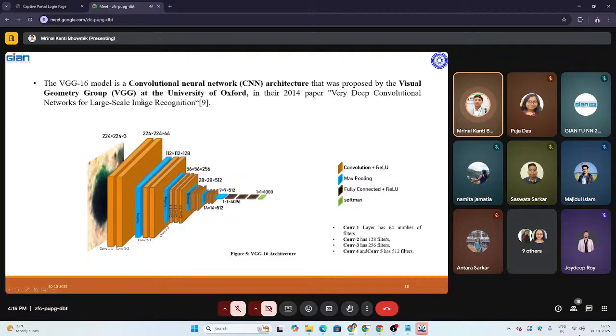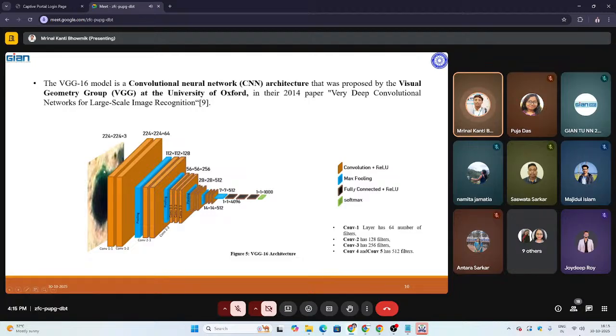It was first proposed by them at the University of Oxford in the year 2014. The paper name was Very Deep Convolutional Networks for Large-Scale Image Recognition. I have already mentioned it in the references, so you can visit the reference part.